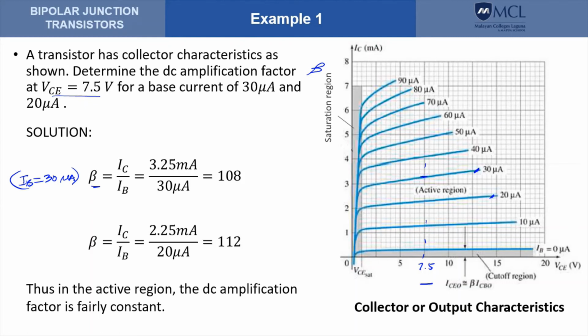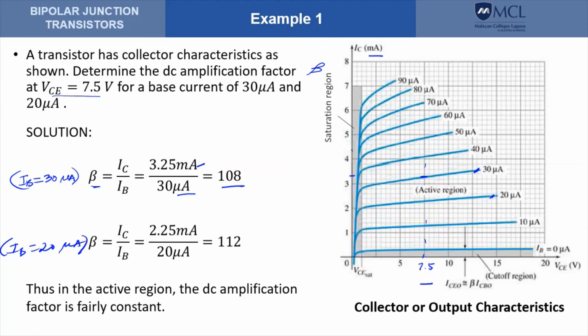So it's about 3.25 milliamps, because I sub C is given in milliamps. We divide that by the base current, that is 30 microamps, and we will get 108. So this is dimensionless.